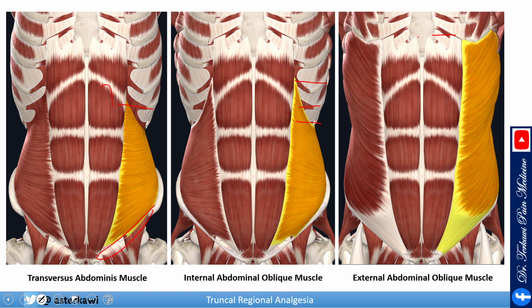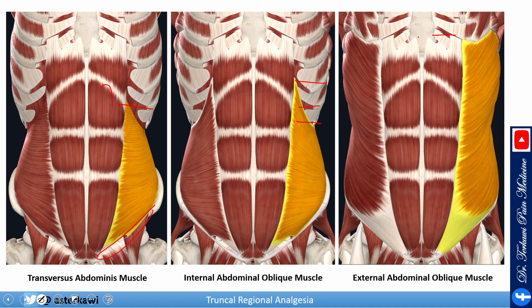The innervation of this muscle is from intercostal nerve, again T7 to T11. So most of the innervation of all these muscles, the external oblique, the internal oblique, the transversus abdominis, comes from intercostal nerve T7 to T11.